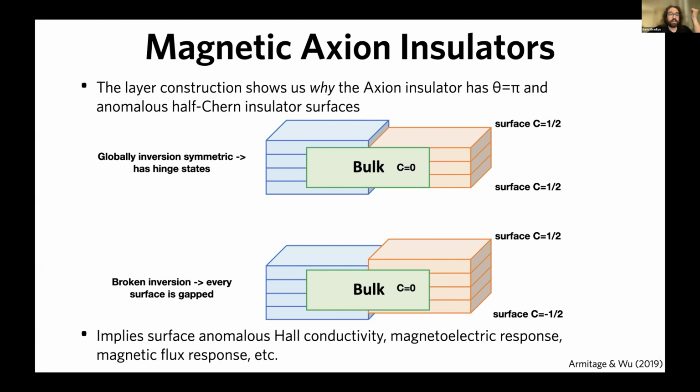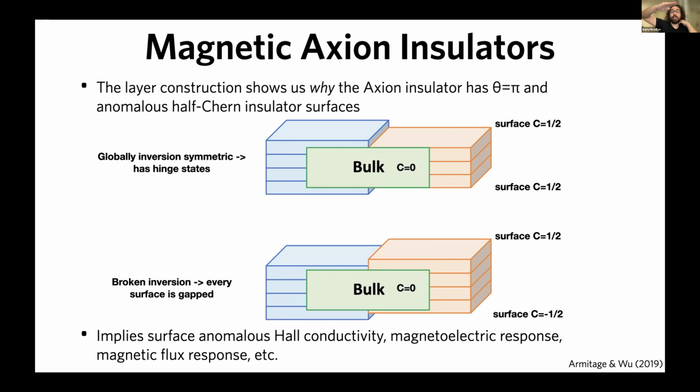Now, this globally inversion symmetric system would have a hinge state if I made it finite in other directions. The reason being that the Chern number on the top is plus a half relative to the upward pointing normal. The Chern number on the bottom is plus a half relative to a downward pointing surface normal, so it's minus a half relative to the upward pointing surface normal. So it's minus a half relative to the outward normal. And so the Chern number jumps by 1 at the equator.